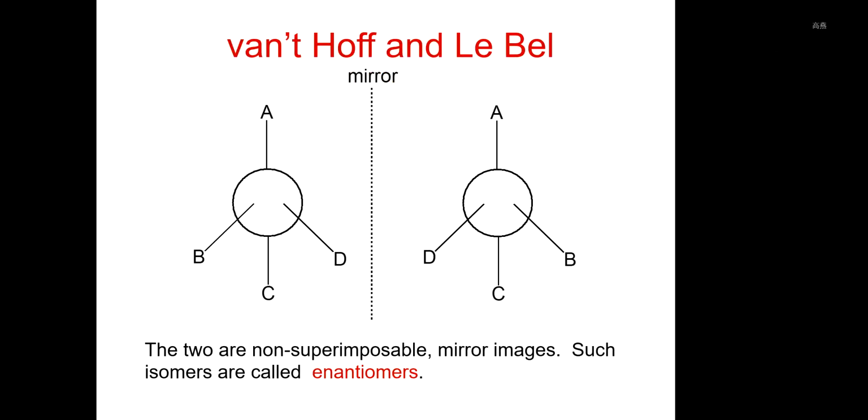Like we just talked about before, in enantiomers, the carbon atom is linked with different groups. That's why they have chirality, right? These 2 are non-superimposable on their mirror images.